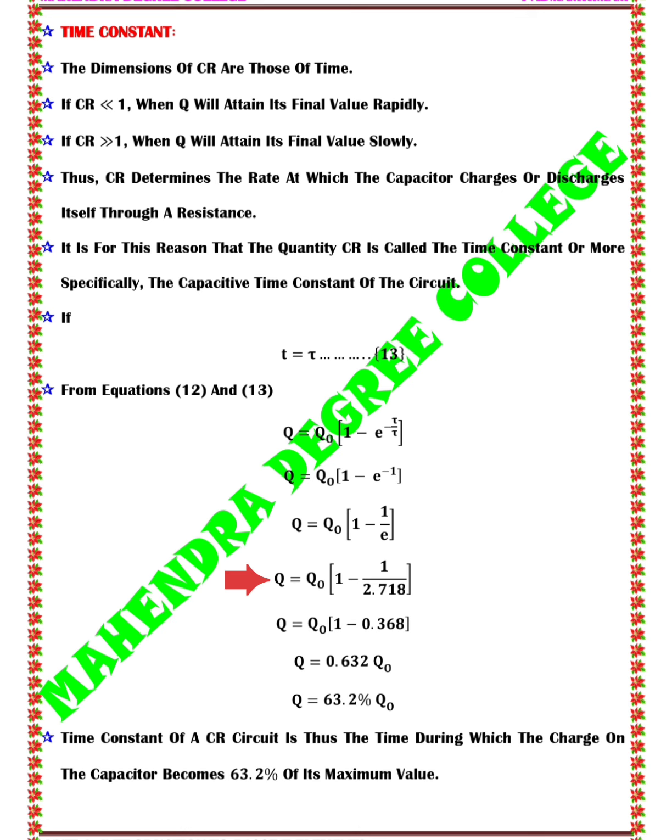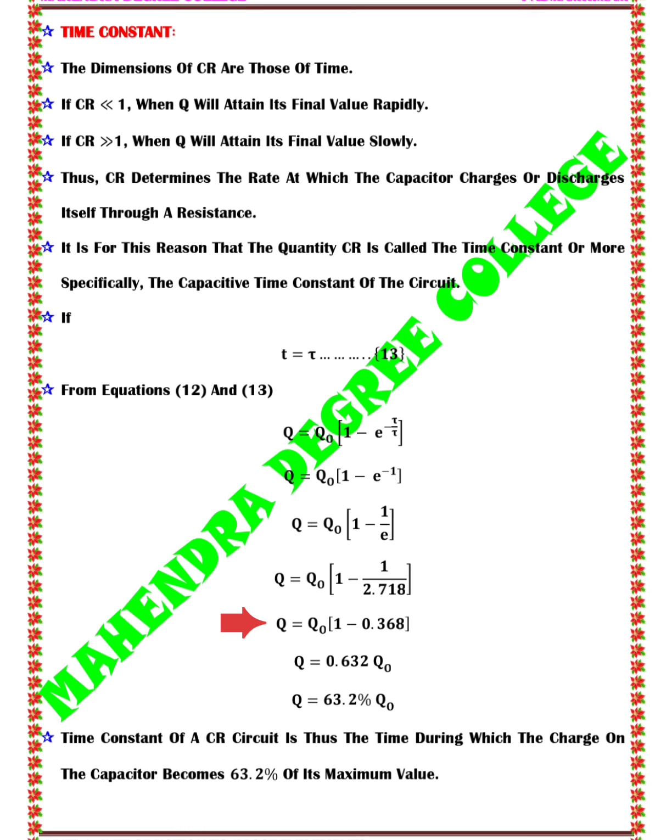We get Q equals Q naught into 1 minus 1 by 2.718, where 1 by 2.718 means the value 0.368.